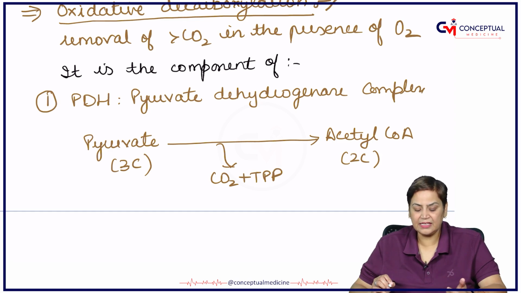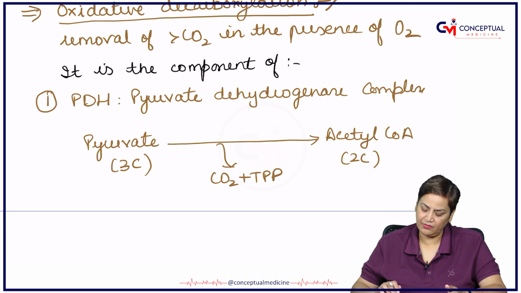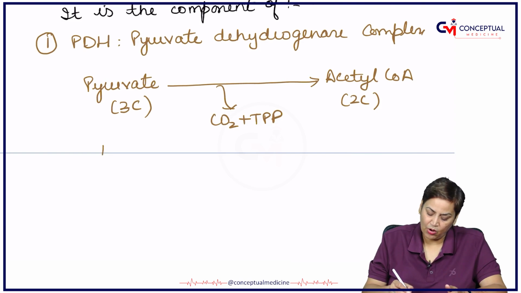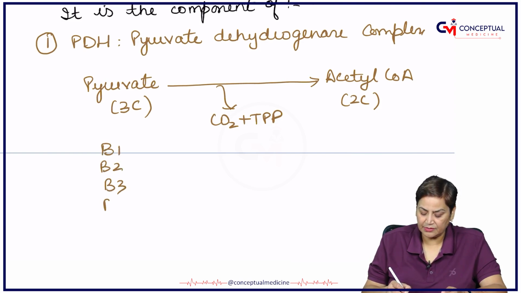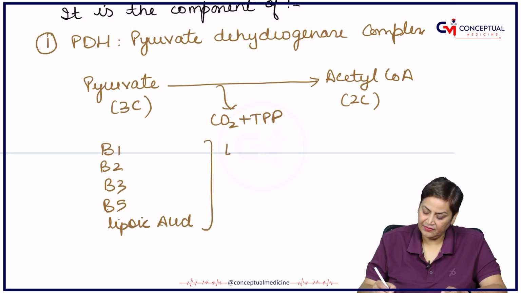Later on different other reactions occur, but the main one which is catalyzing the oxidative decarboxylation here is thiamine pyrophosphate. Along with B1, the complex has B2, B3, B5, and lipoic acid, and along with this, it has E1, E2 and E3, which we have already discussed.